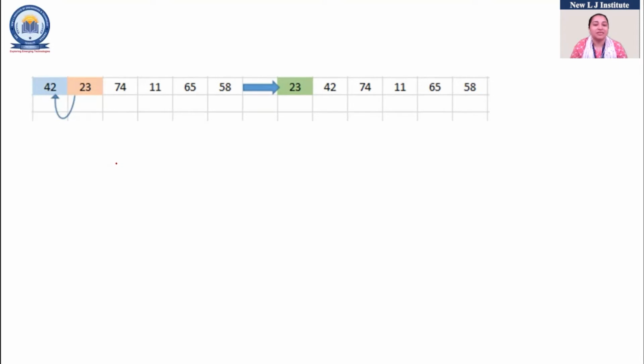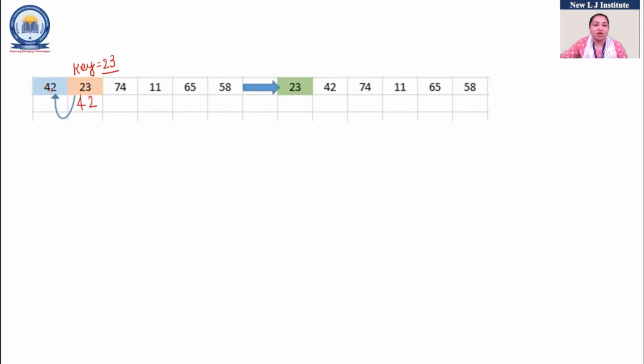So let us see this procedure one by one. First of all, we will take this jth element as the key, and we will copy this element into key. Okay, now we will compare this 23 with 42. As 42 is greater, 42 will be shifted to the right, so 42 will be shifted over here.